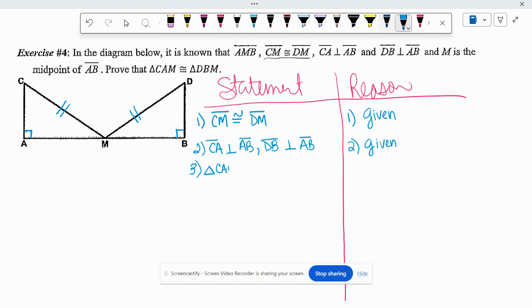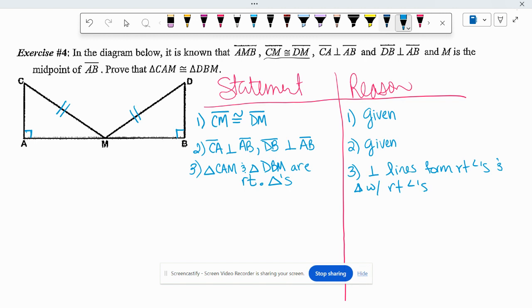Triangle CAM and triangle DBM are right triangles. Why? Well, because perpendicular lines form right angles and triangles with right angles are right triangles.